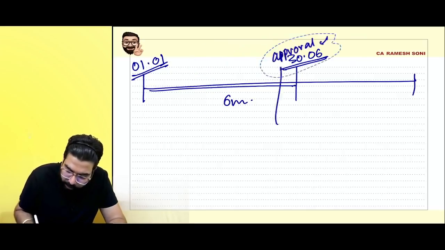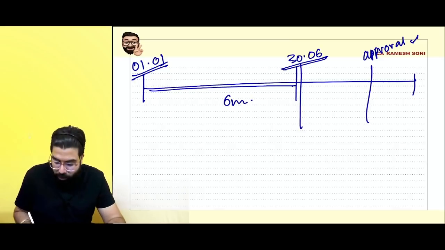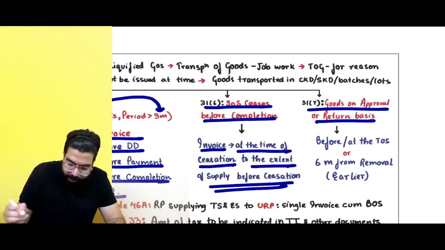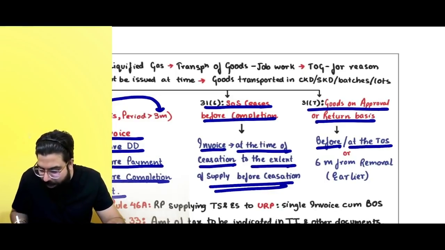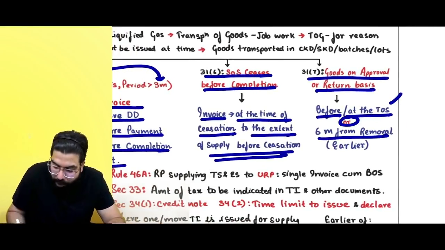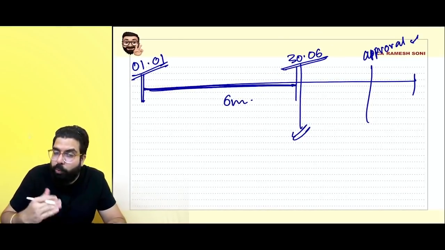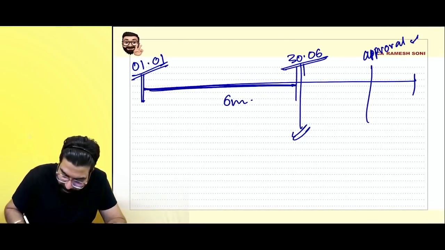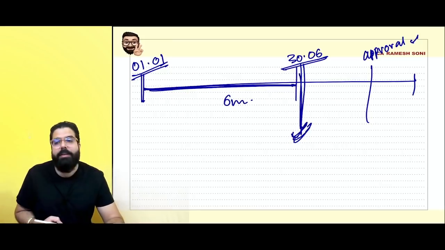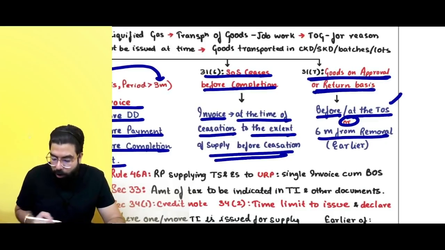Sir, approval not given within 6 months: once 6 months gets over, you should raise the invoice. That is what is being told over here. Before or at the time of supply means when the approval is given, or 6 months from removal. Within 6 months, your approval should be done. If 6 months gets over, then the very next day you have to raise the invoice. That is what is being told in goods sent on approval or return basis.